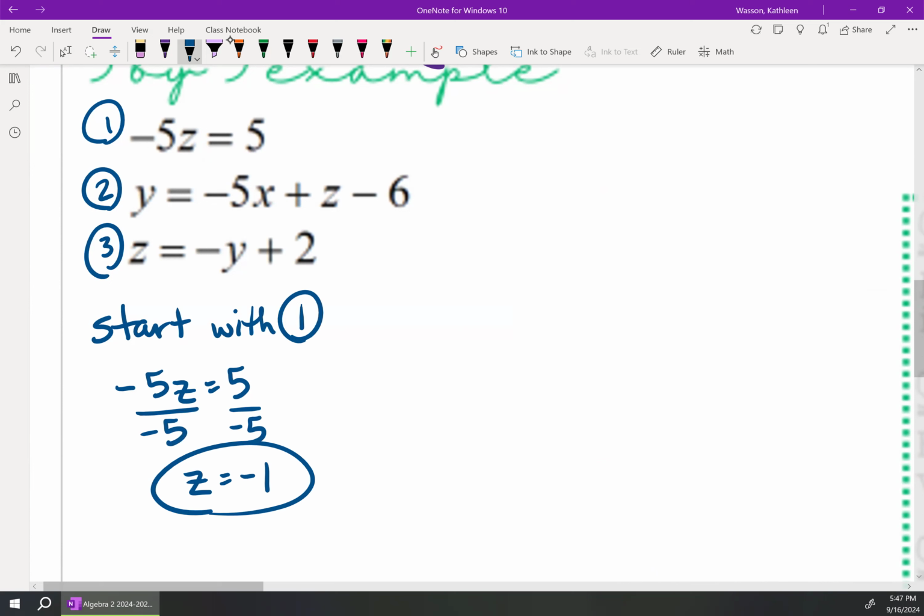I will substitute this into another equation, one of these. I want to substitute into the one that gives me another value soonest. So my plan is substitute into equation 3, and I can solve for y.